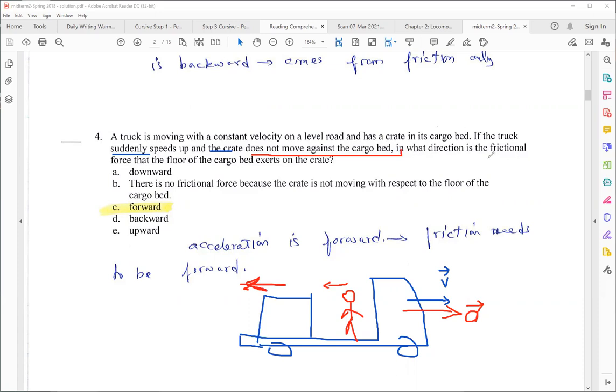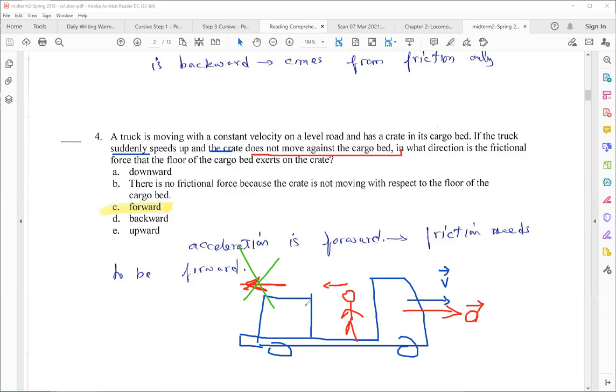In what direction is the frictional force that the floor of the cargo bed exerts on the crate? Of course, if you want to prevent the crate from moving backward, you need to apply a force that is opposite to this direction. Do you agree, Fatima? Are you with me? Yes.